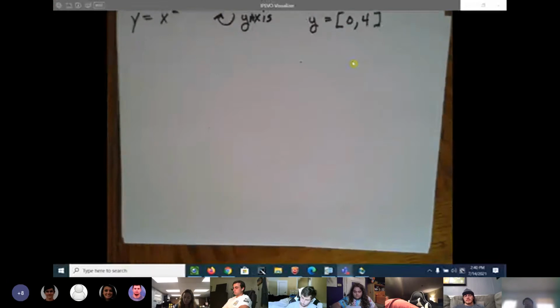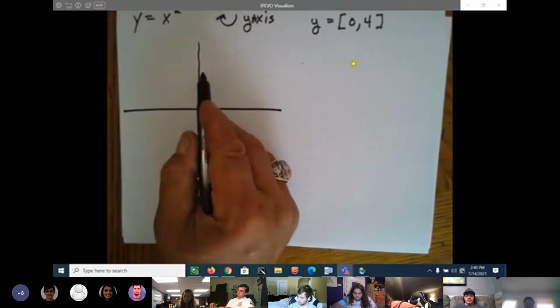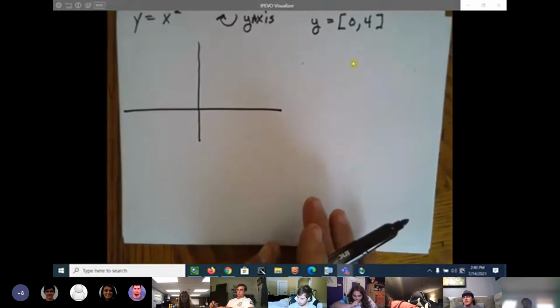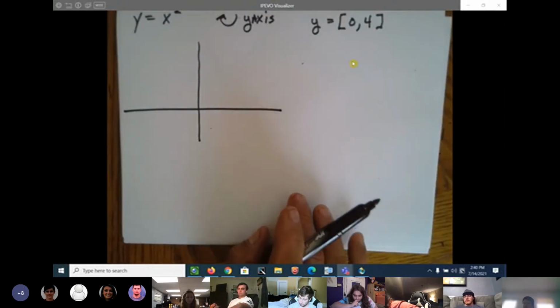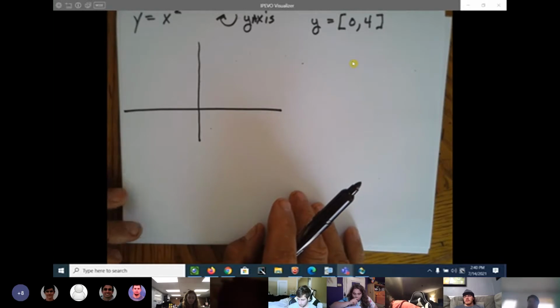This time, your disc, your radius, is rotating around the y-axis. So I want you to draw a picture of the graph and what it would look like. Well, it's going to look like a half a watermelon again, and we're going to see if we get the same answer.